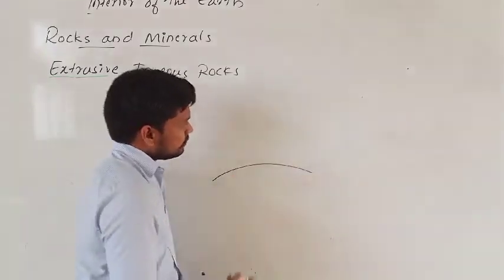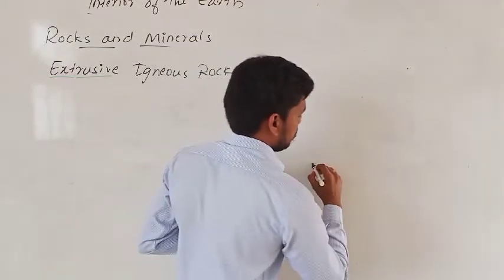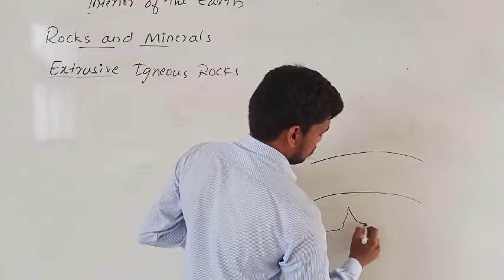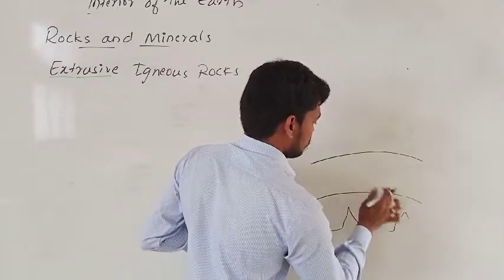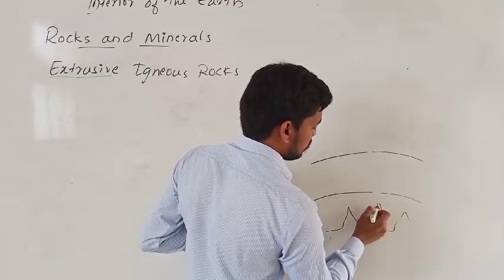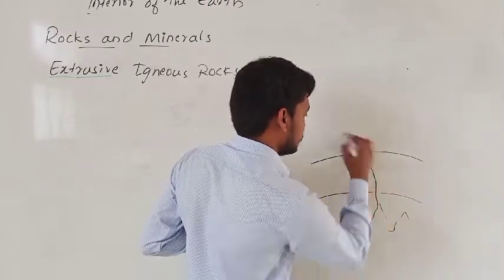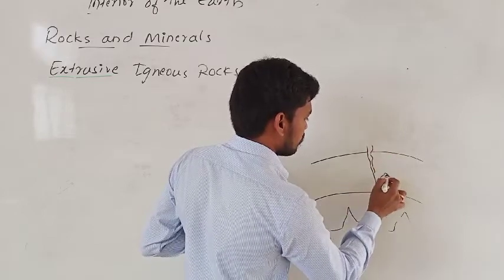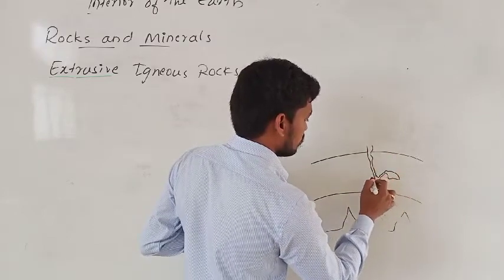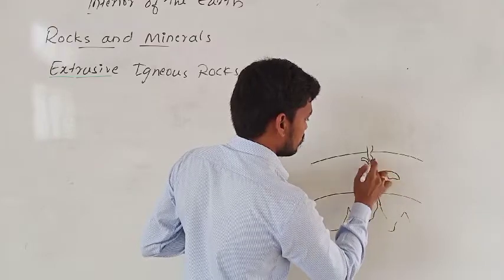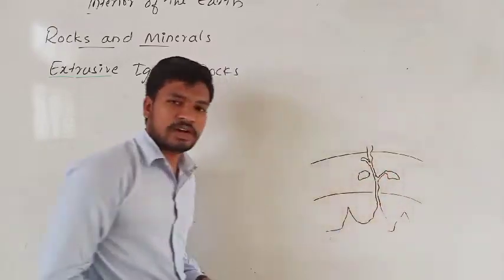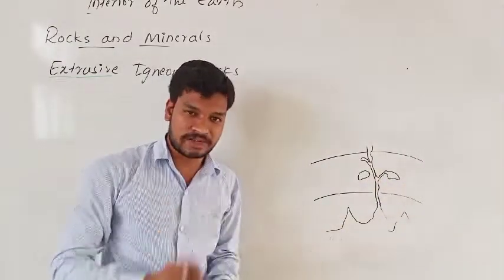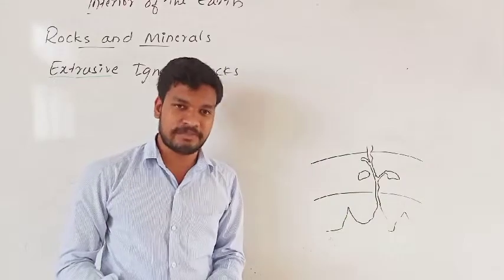Here we have the crust and mantle. We have a core here. This core gets a place and comes out of the Earth's surface. As I told, this crust is not continuously connected, it is broken. The lithosphere is called broken plates.